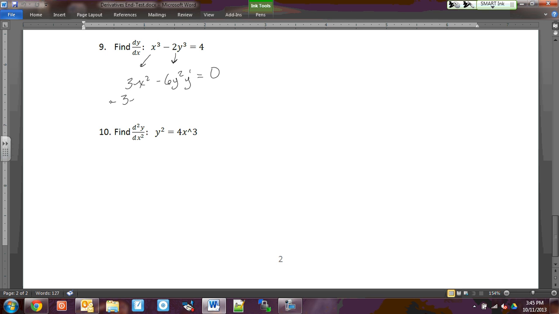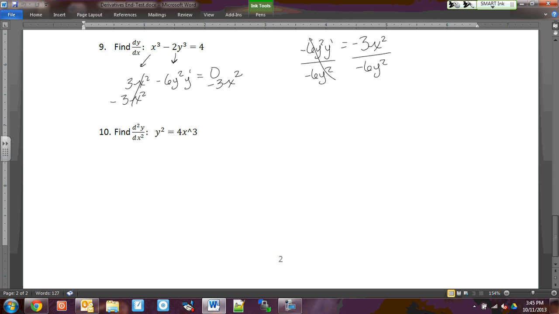So now subtract the 3x squared from both sides. So now I'm going to write up here, negative 6y squared y prime equals negative 3x squared. Divide off the negative 6y squared divided by negative 6y squared.